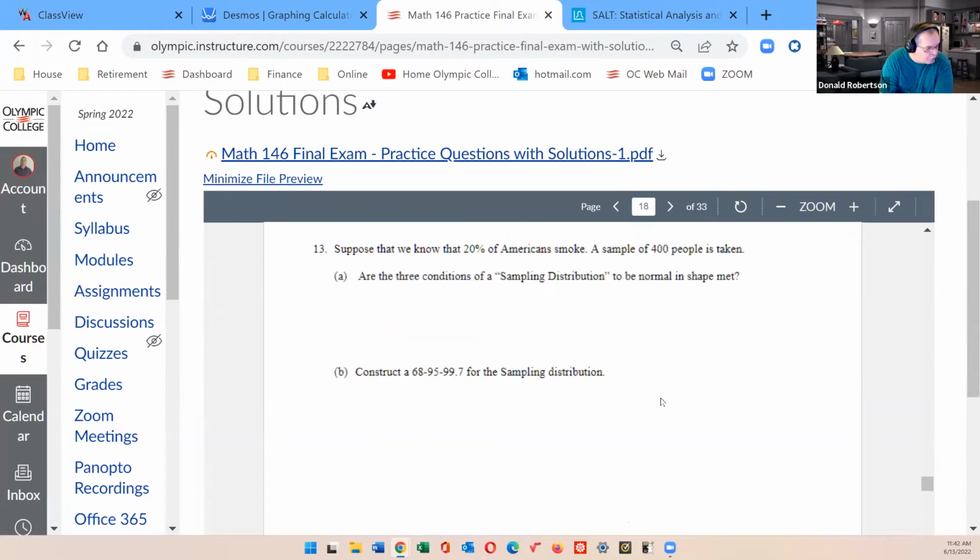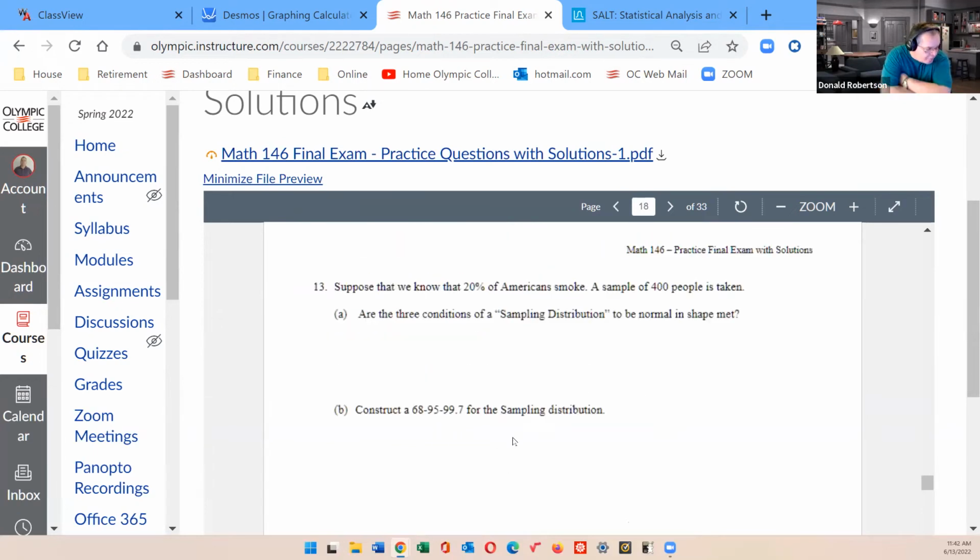Do you recognize those numbers are very specific? Isn't that 1, 2, and 3 standard errors away from the mean? So I'm going to write those numbers down and move on to my white screen. So let's create those 3 confidence intervals for the percentage of Americans who smoke.